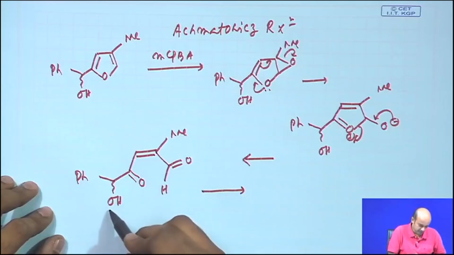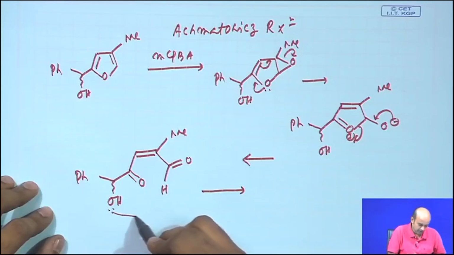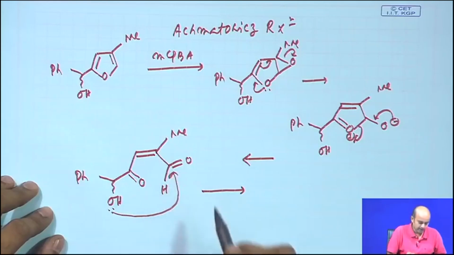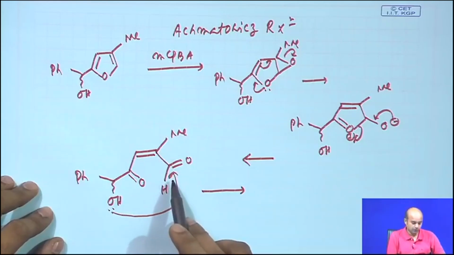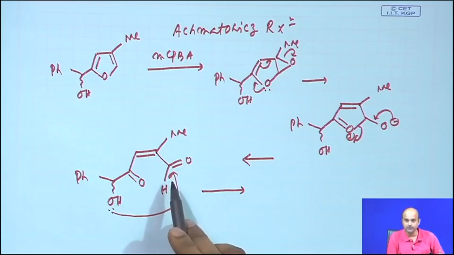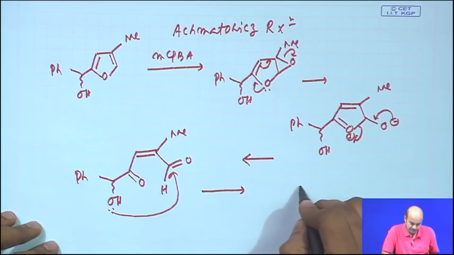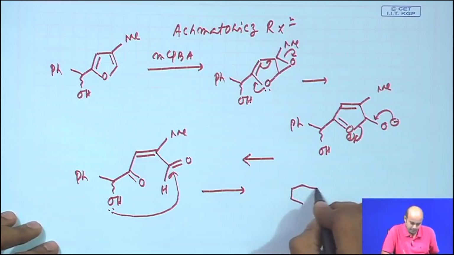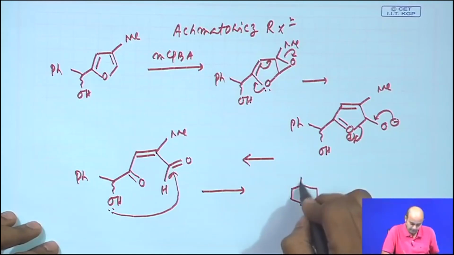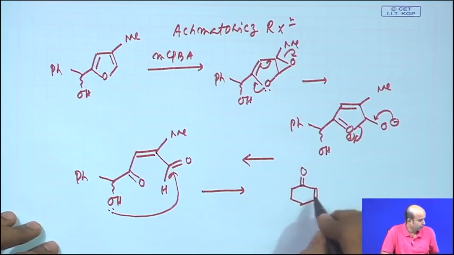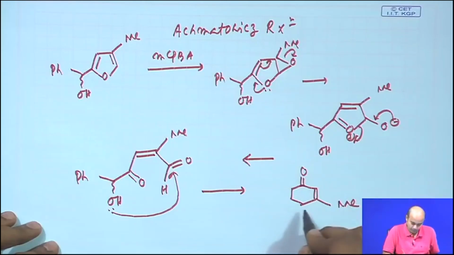So, this alcohol now undergoes an intramolecular nucleophilic attack, similar to when you form, say, an acetal or ketal, and then you get a 6 member ring. You try to formulate exactly what is going on.